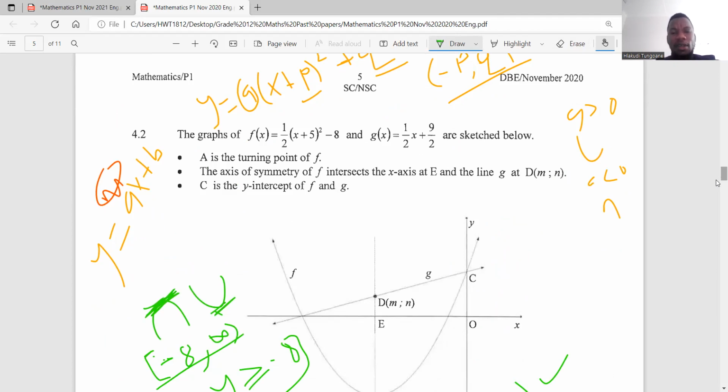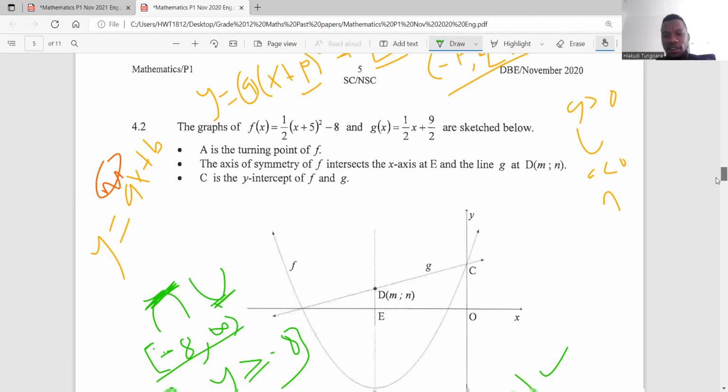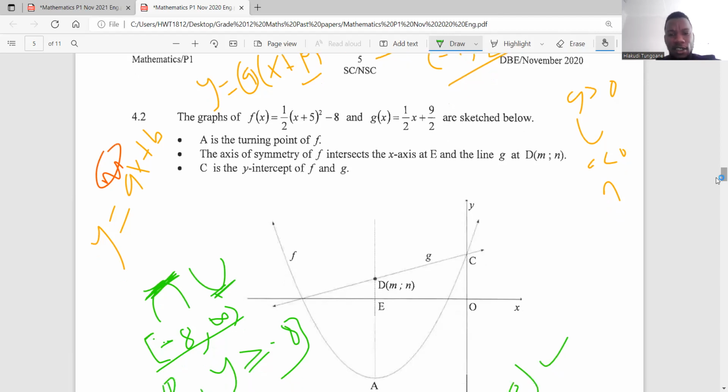More interestingly, the x coordinate of D is on the same line as the x turning point of the graph f. So if we know the x coordinate of the turning point of f, then we also know the x value of coordinate D.